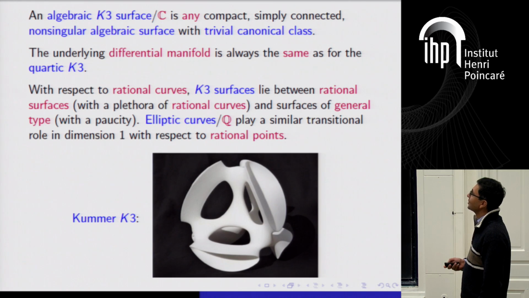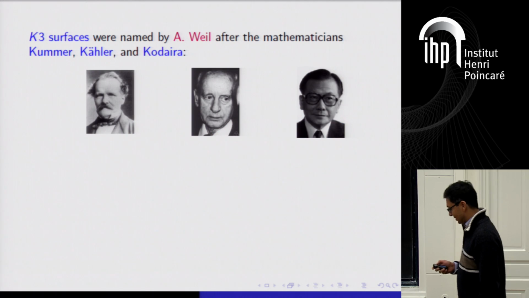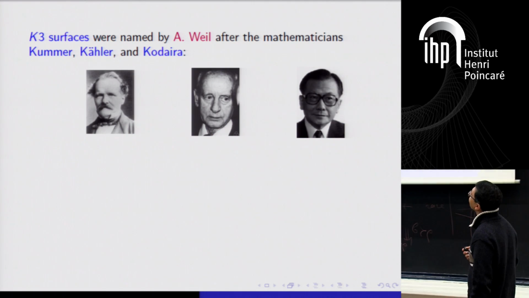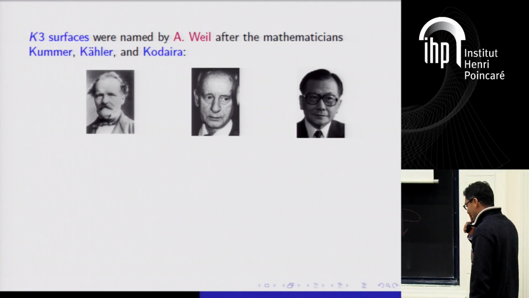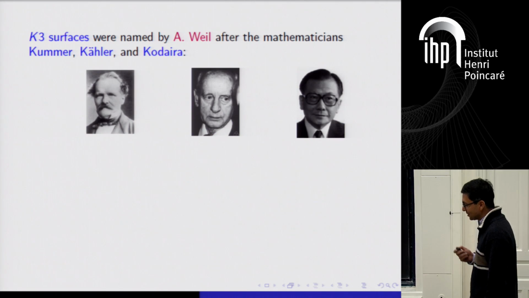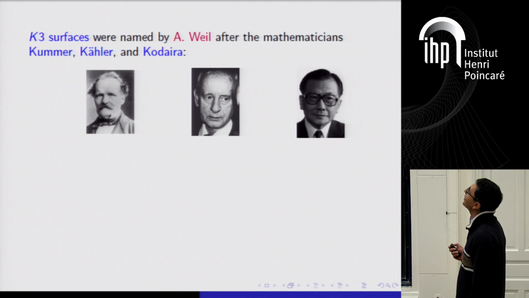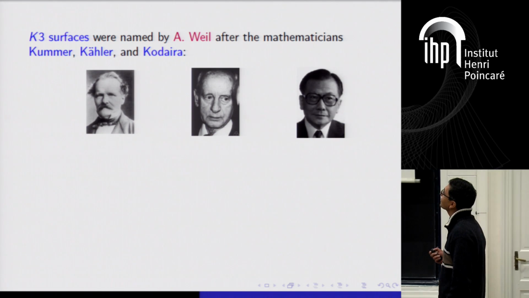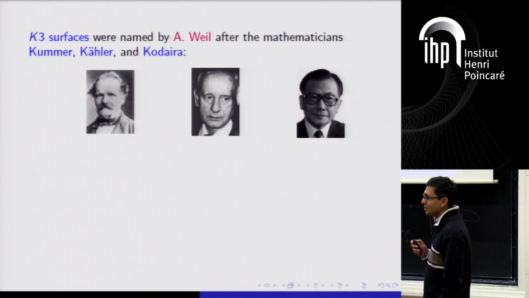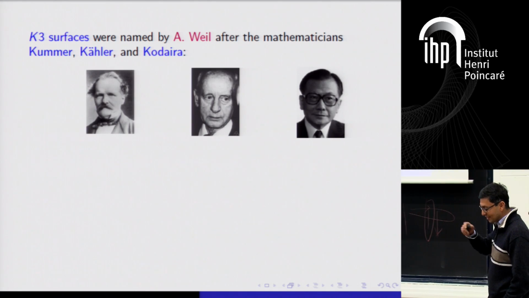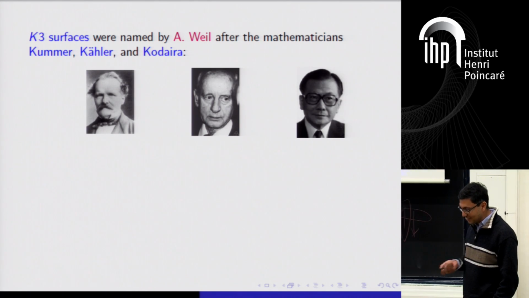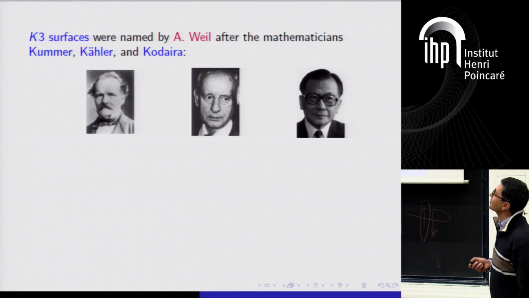All right. So, to Cedric's question, the K3 surfaces were named, like many objects in 20th century mathematics, by André Weil, and they're named after these three mathematicians, Kummer, Kähler, and Kodaira, who contributed to the theory of algebraic surfaces, and in particular to the development of the theory of K3 surfaces.